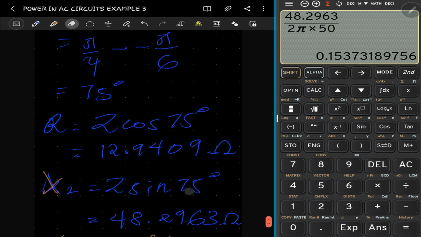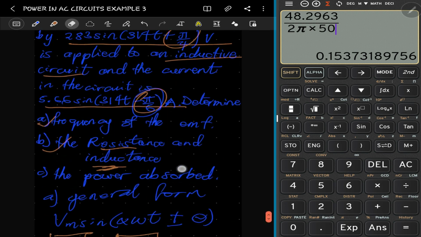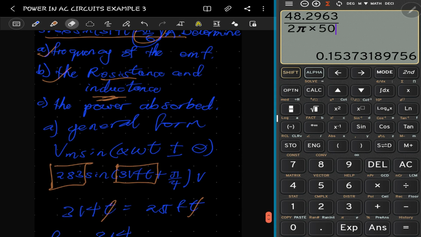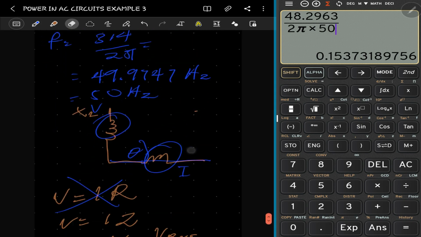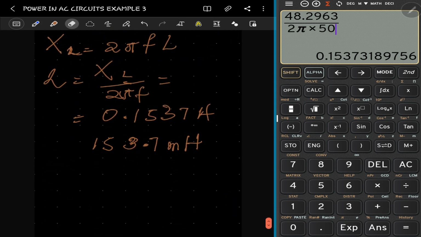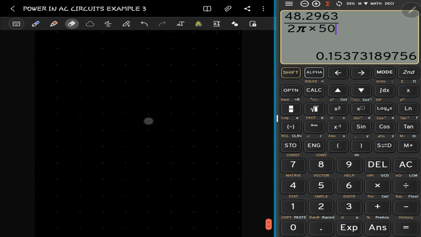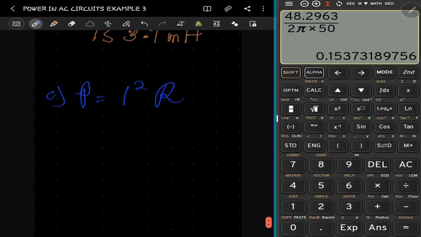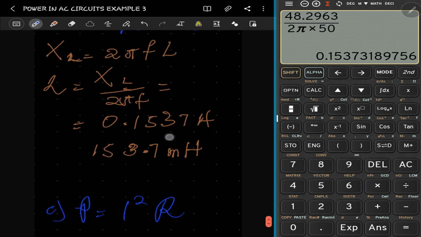All right. So what we have to do is the C part. It's the power absorbed, right? So we know that power absorbed here, because it just said power, means that we're talking about active power, real power, true power, right? Now to find that, we know power is equal to I²R, right?